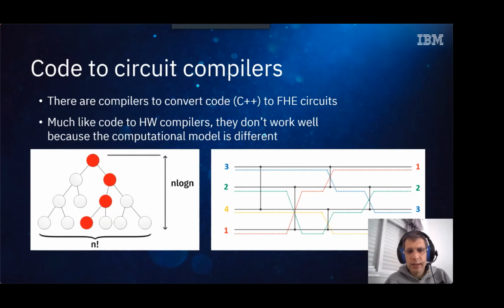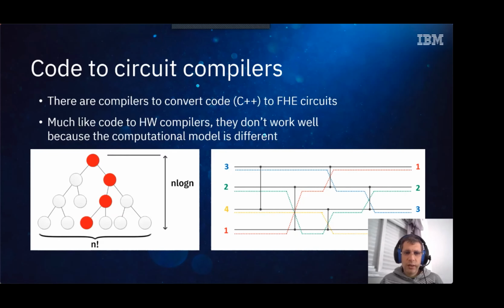Since there are n factorial permutations, where n is the size of the input, which are the leaves, the height of that tree is at least n log n, which is also how you prove that there is a lower bound for sorting of n log n.